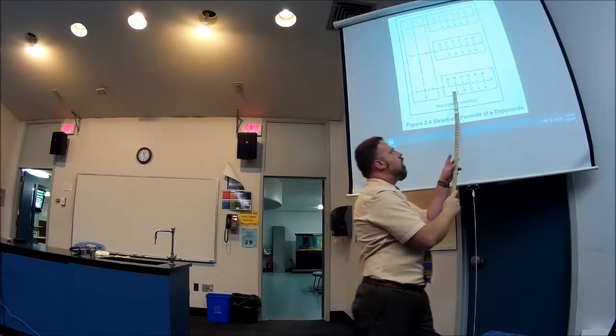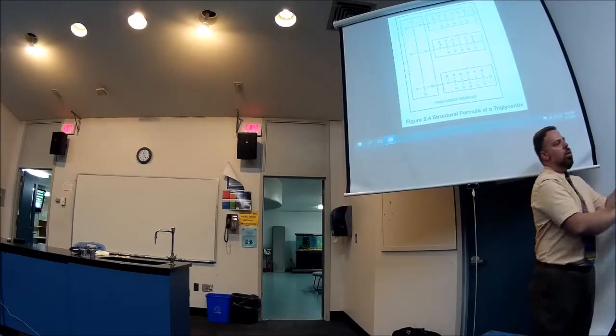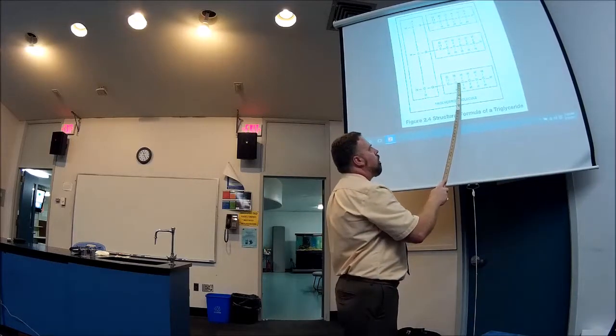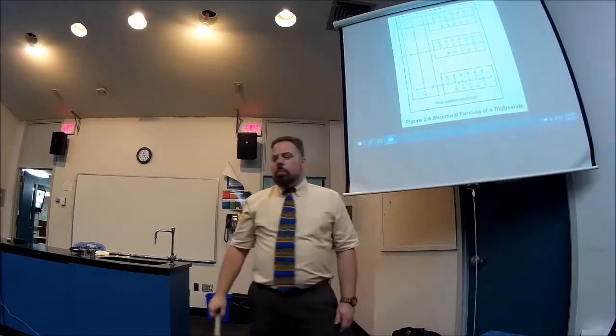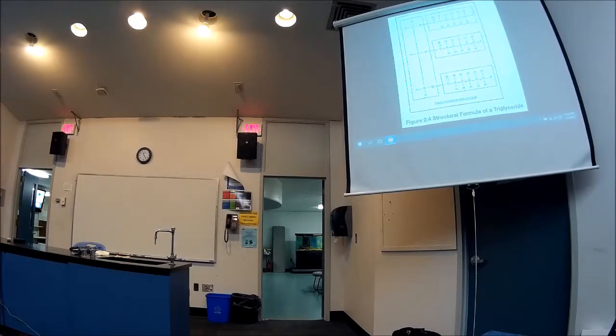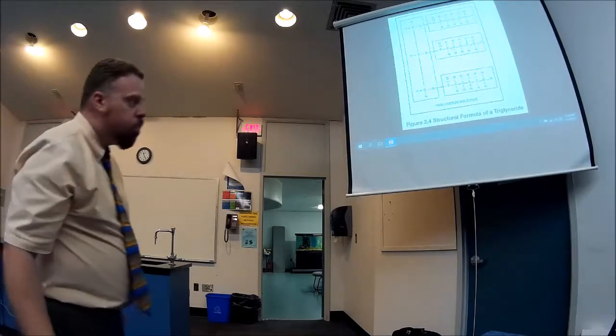But like I said, these carbons can go really long. Now in this particular one, each one of these carbons in the carbon skeleton is linked by a single bond. But they don't necessarily have to be linked by single bonds.